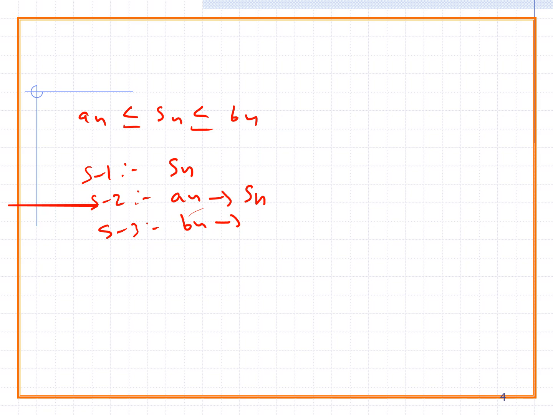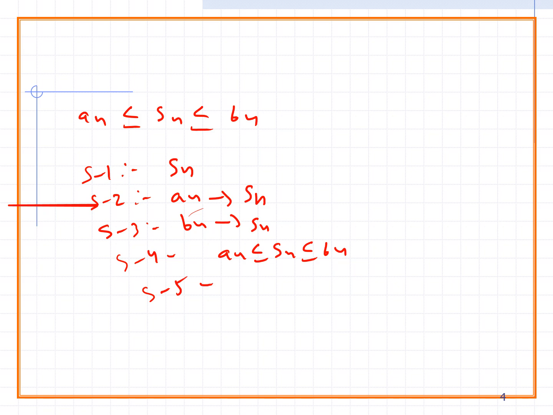Again that value approaches Sn. The next step, step four: by using step 1 and step 2, you can say An is less than or equal to Sn, which is less than or equal to Bn.